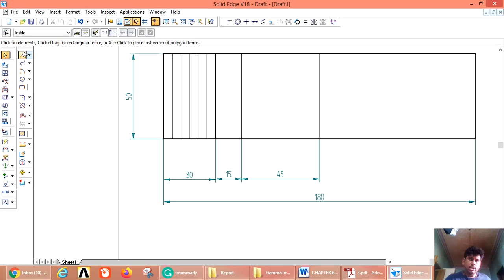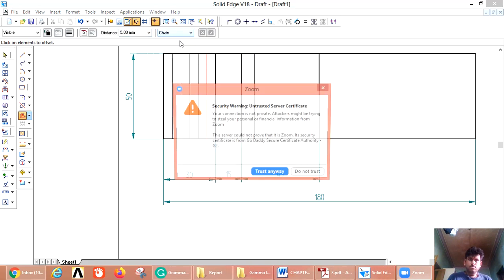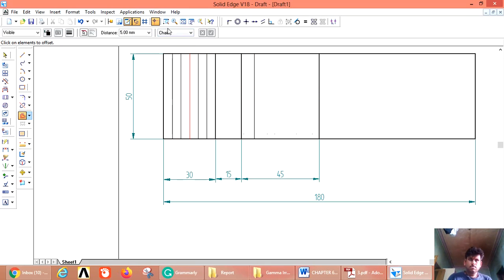So take a thin line and offset it by a distance of 7.5 mm: 1, 2, 3, 4, 5 and 6.